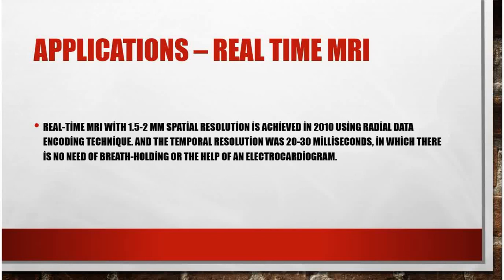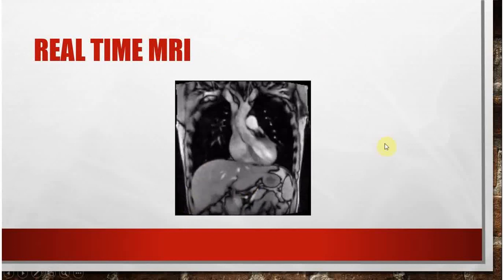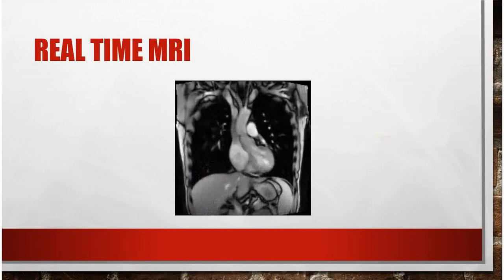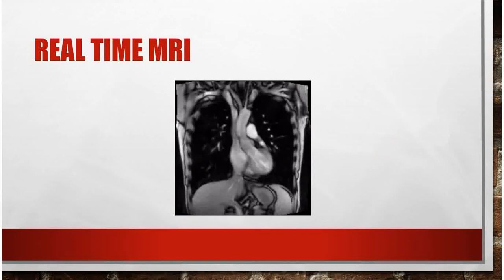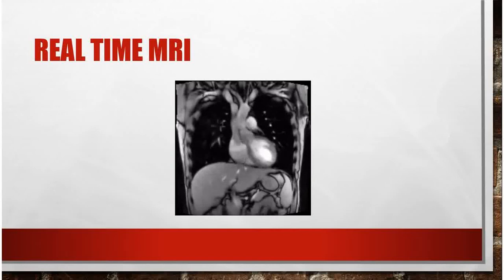So there was no need for breath holding or the help of a cardiogram. There is a video that shows the real-time MRI. So one can see the beat of the heart and the movement of the lungs in the abdomen.